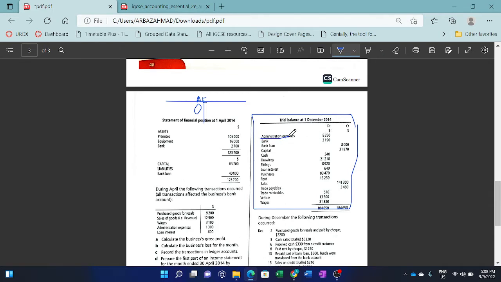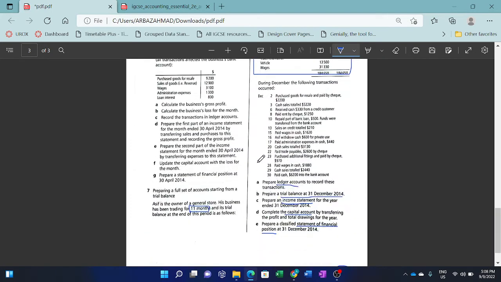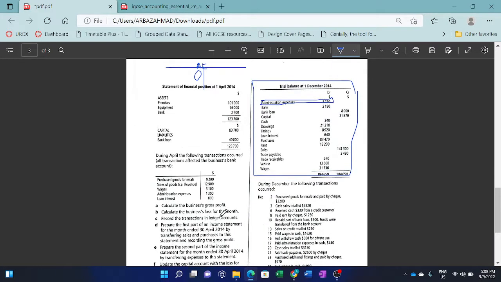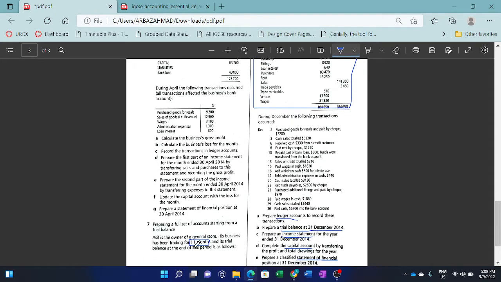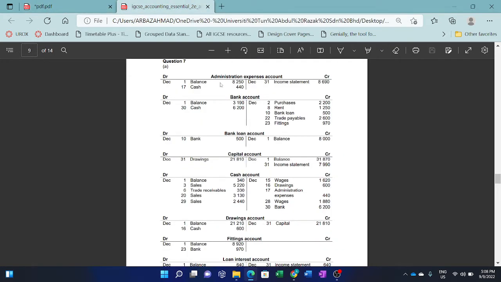Even though it's an income statement item, I will be putting this item in my T account because this is for 11 months, okay? 11 months, the emphasis on 11 months is a lot, okay? So when I prepare my T account, I need to have my balance, okay?